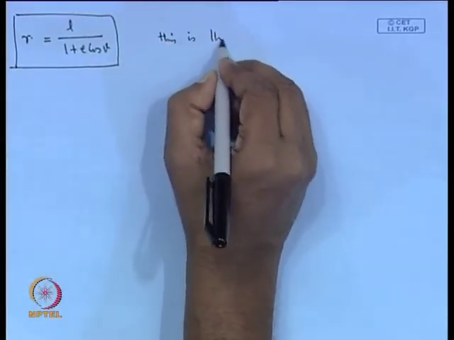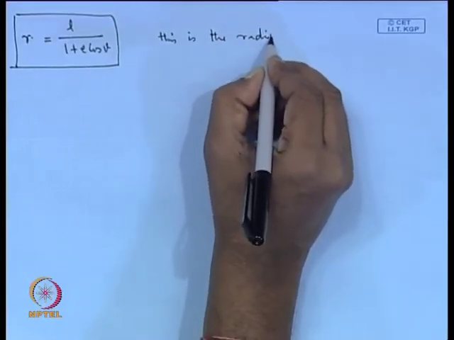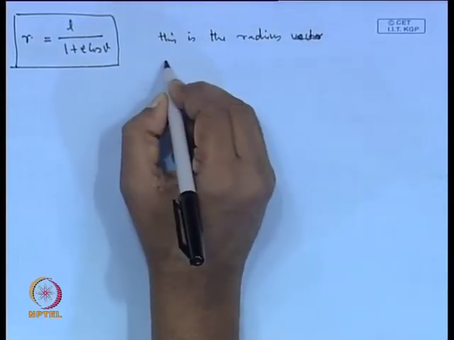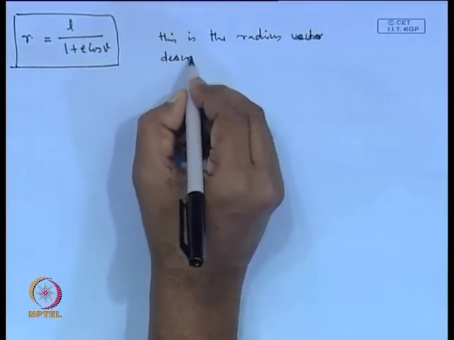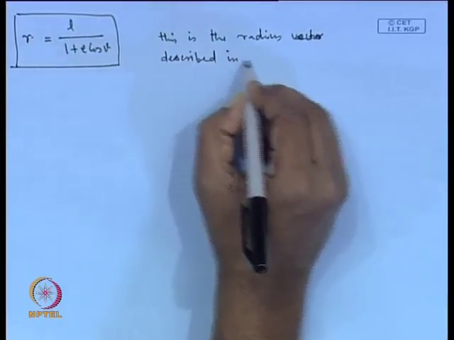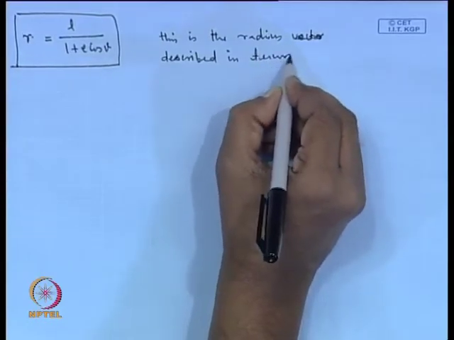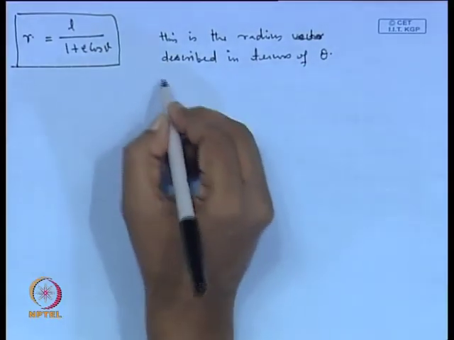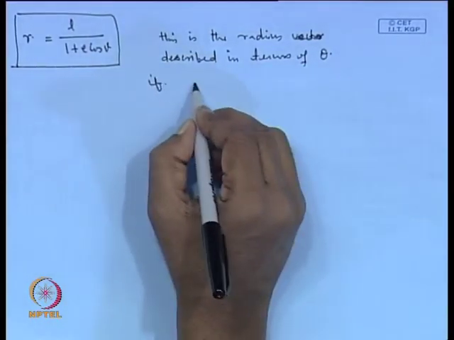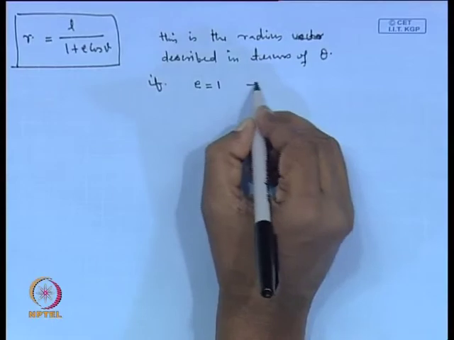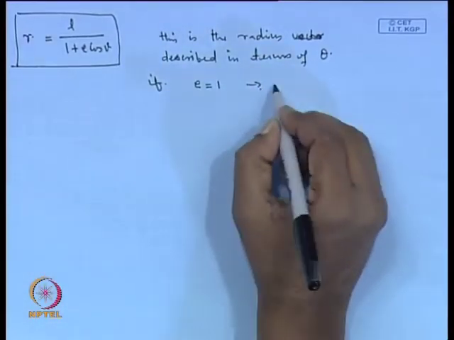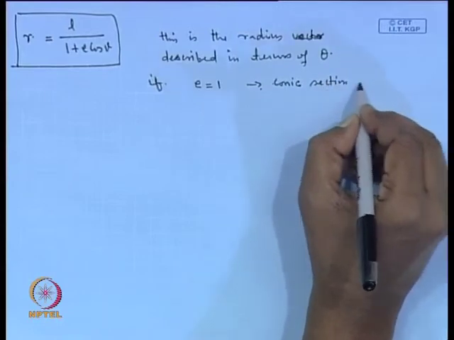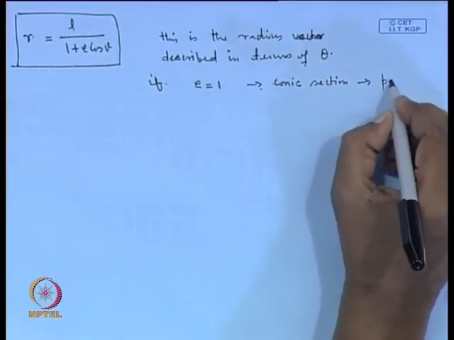So, this is the radius described in terms of theta. Now, if E is equal to 1, this conic section becomes a parabola.